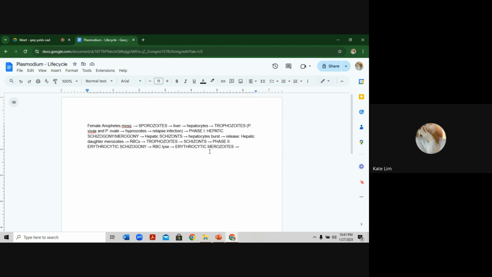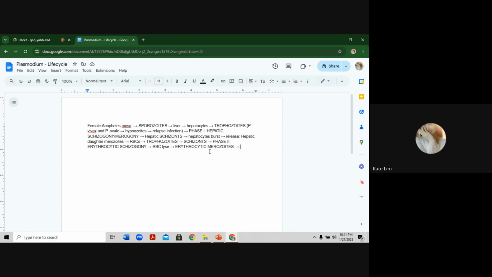Again, every time an RBC would burst, releasing the merozoites to the system, the patients experience fever paroxysm. So again, this fever paroxysm is a cyclical pattern of chills, high fever, and sweating. So, this is actually the body's immune response to the release of merozoites and the destruction of the RBC.